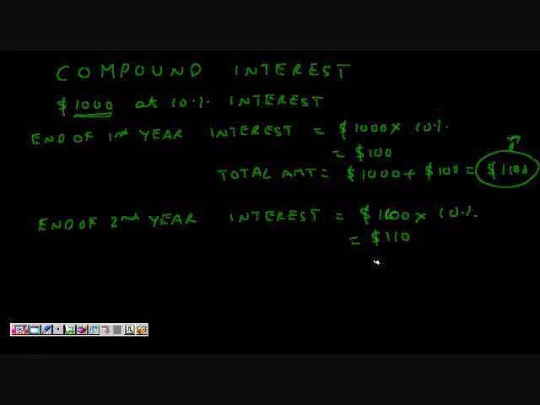So the total amount at the end of the second year will be equal to $1,100 plus the $110, which is $1,210. Okay, so at the end of the second year, you have $1,210. So now if you want to recalculate the interest for the third year, you will calculate the interest on this amount. Okay, so let's try to do this example over a course of 5 years.